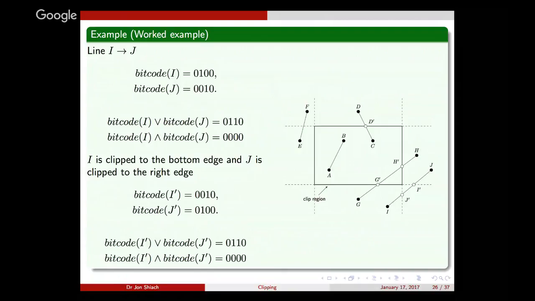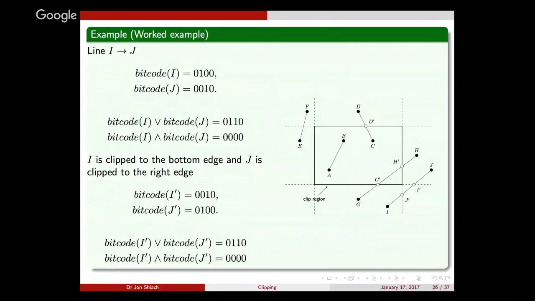So what's happening here is I gets clipped to the bottom edge, to that point there. J gets clipped to the right edge, which is that point there. And we start again. What's happening here is all we've done is just swapped over the bit codes.